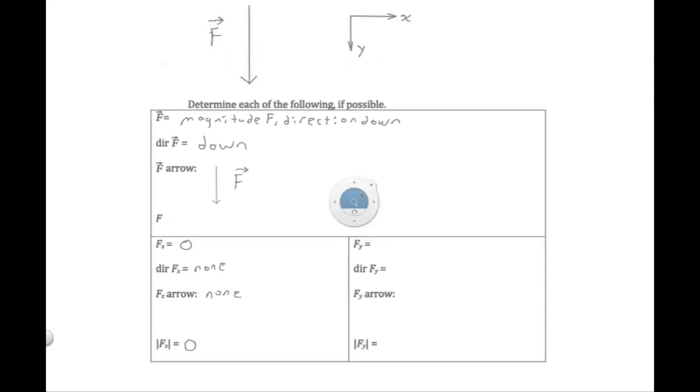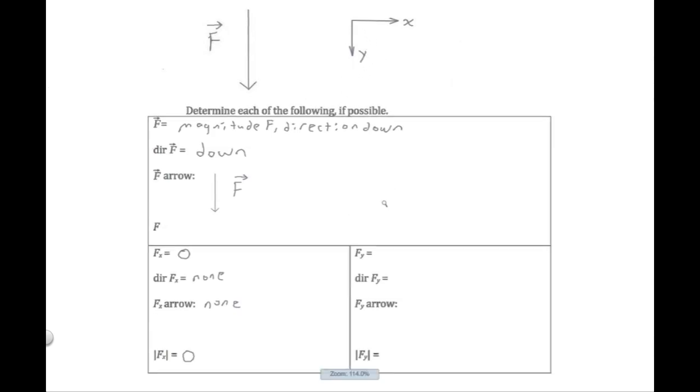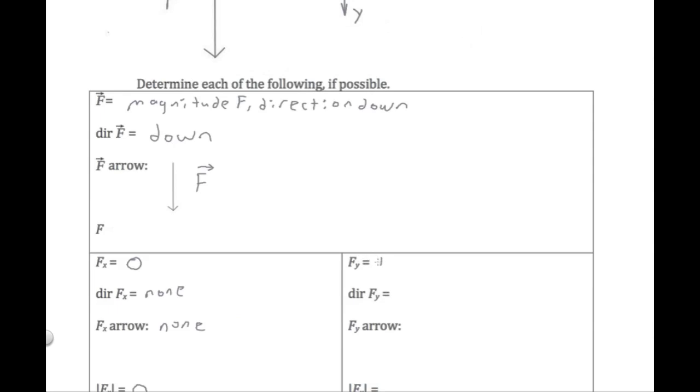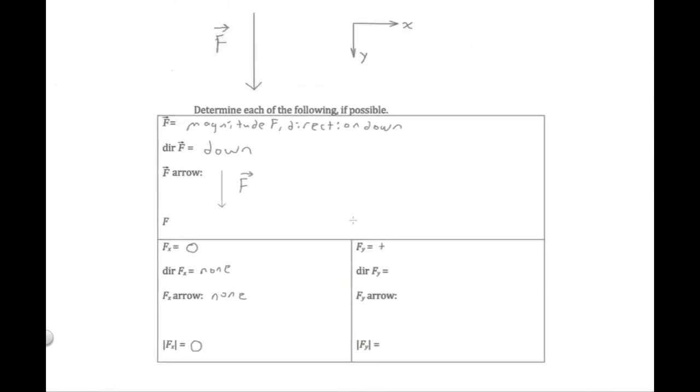So first, remember, it's always good that the component should include a plus or minus sign, and you should put the plus or minus sign in first before you put in the magnitude, so you don't forget the sign. Well, the vector is pointing down, and on this problem, we've chosen down as our positive direction. So in this case, the vertical component will be positive.